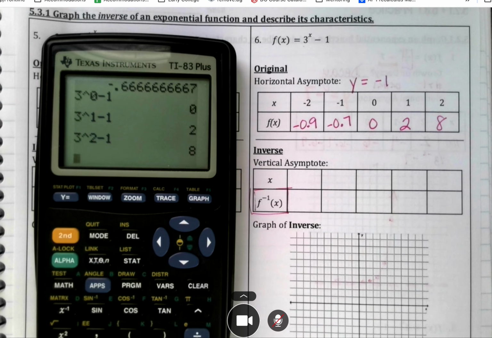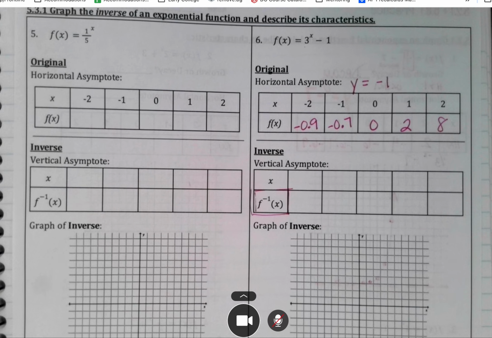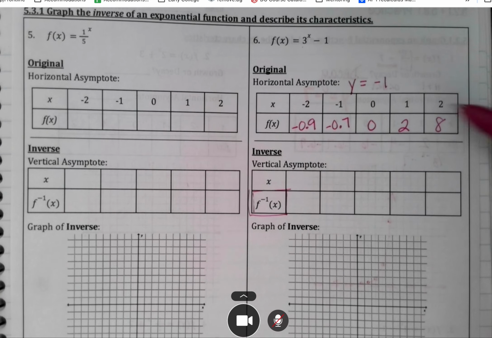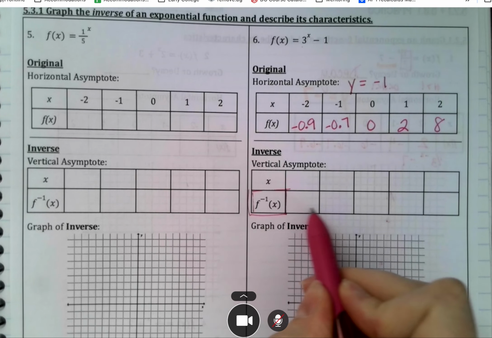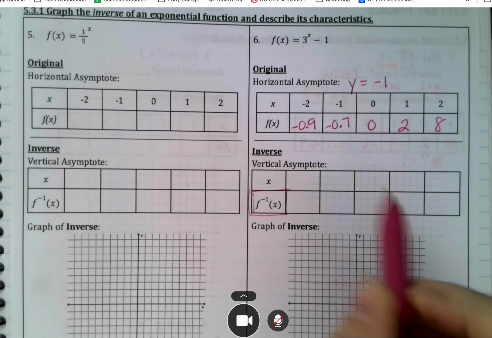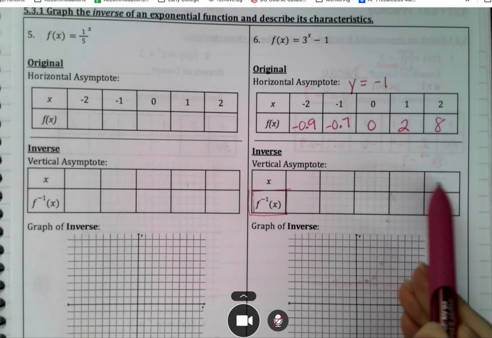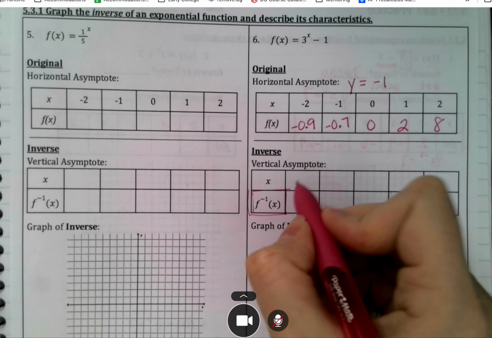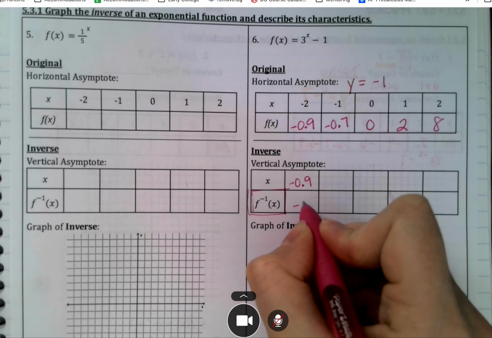So I have to get my table for my original because I need those same values for my inverse. To get the table for my inverse, all I'm going to do is switch the rows. My x values, so the top row, will now become my outputs, so the bottom row, and my outputs in my original become my inputs, or my x values of the inverse. So I would have -0.9 as the x value, the output is -2.